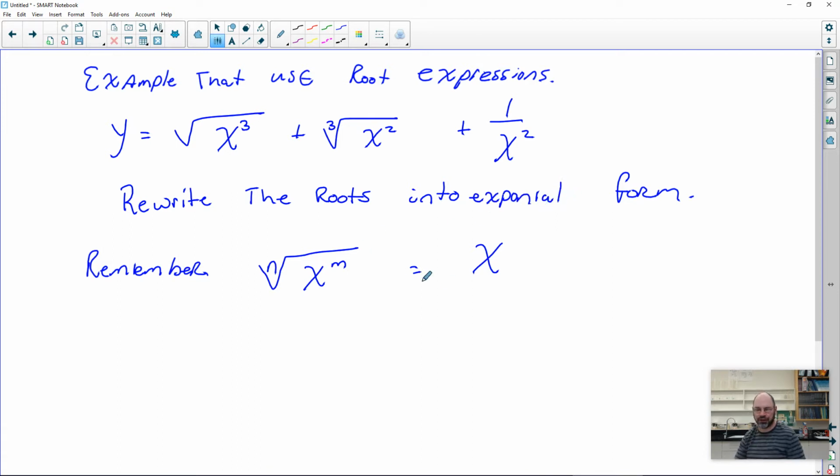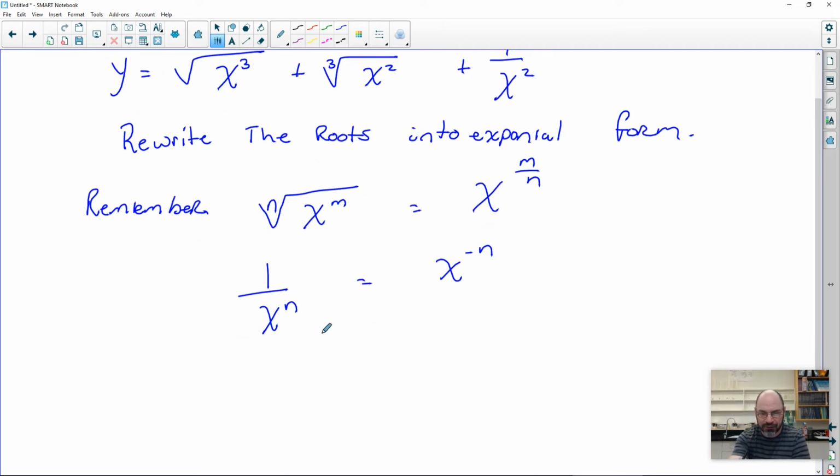So remember, if it's got a number in the notch, that goes in the denominator, and this goes in the numerator, so this would be m over n. Okay? And if you have 1 over x to the power of n, that's the same thing as x to the power of negative n. Two exponent rules, okay? Exponential form.